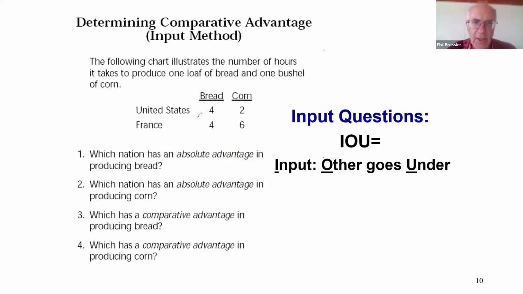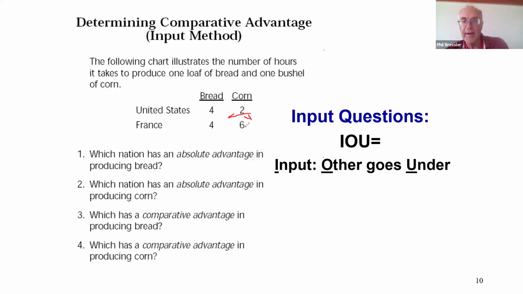So I'm going to figure out the opportunity cost first for the United States. So for corn, I'm going to take the other product, which is bread, and I'm going to put it under. It's an input, so it's other under. So that's 2, and I'm going to put the 4 underneath.